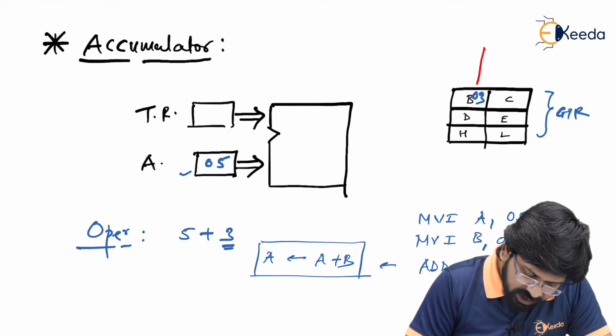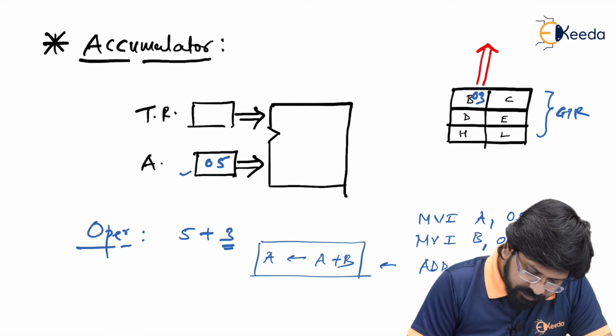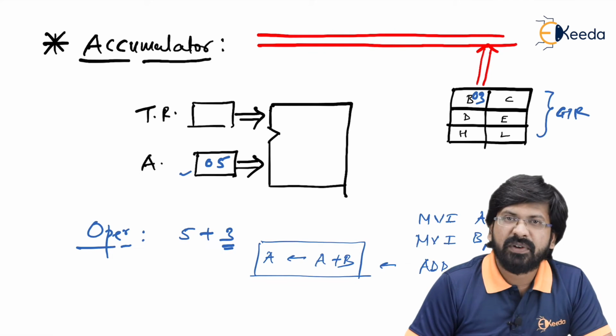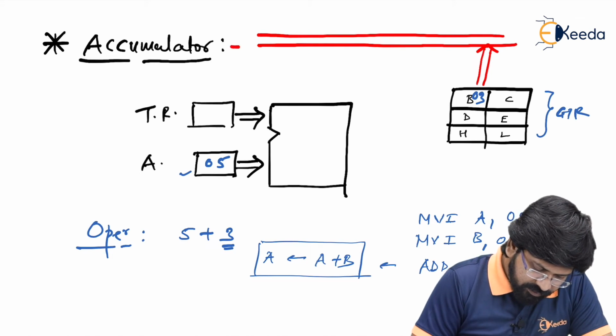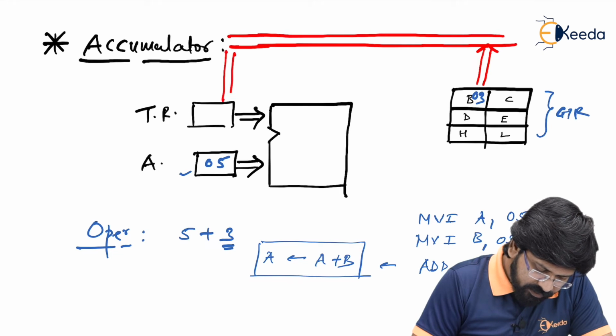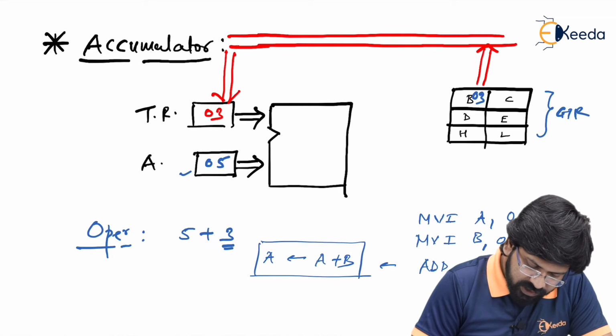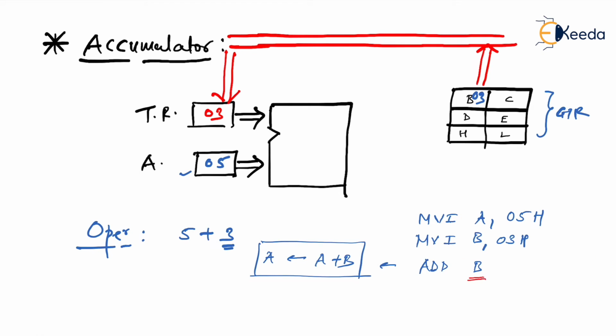So by using the internal bus, it fetches the data of register B and then stores it into the temporary register. So as you can see, the moment you write ADD B here, out of B, C, D, E, H, L, it fetches the data from register B and brings it into the temporary register.